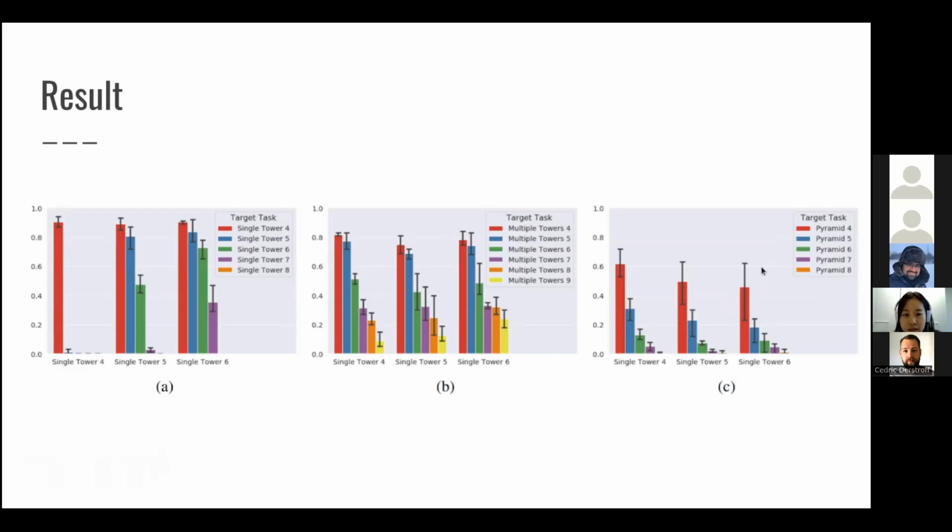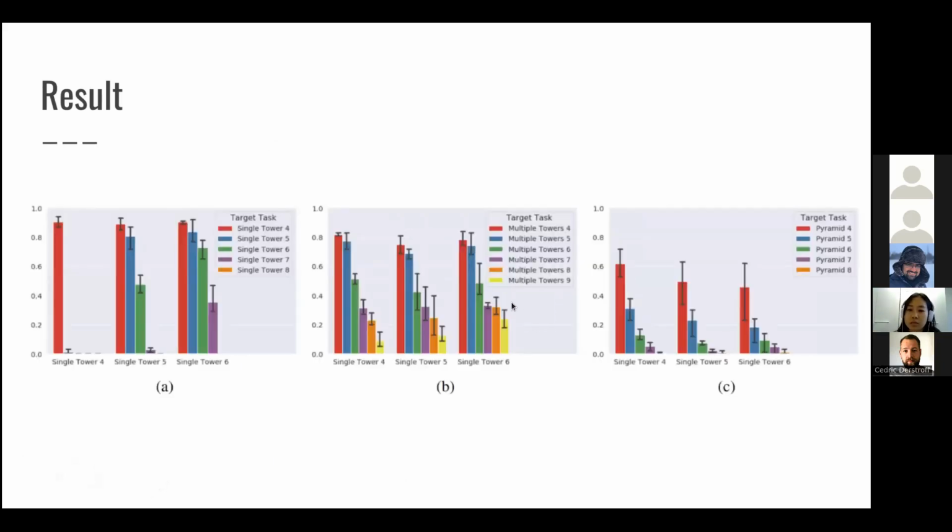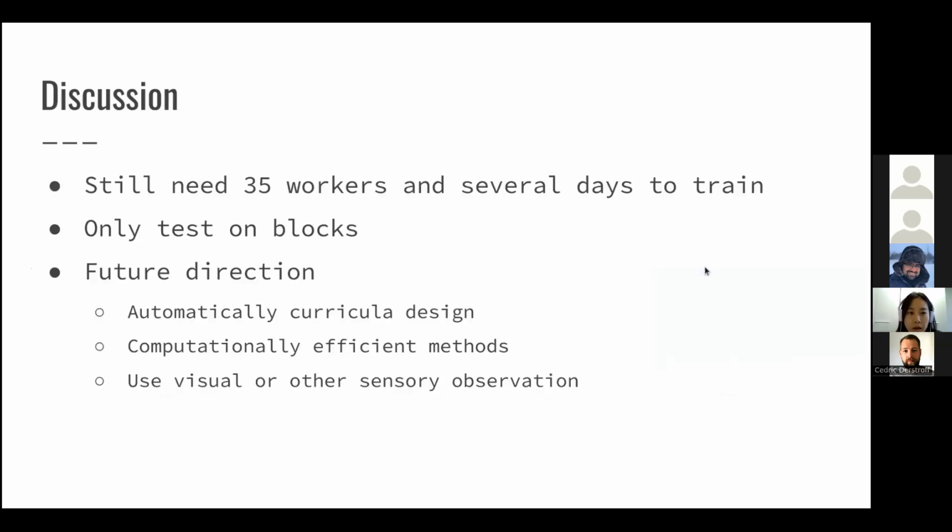So we can see that the green one works well, although they never trained for the pyramid shape. And did I present too quickly?